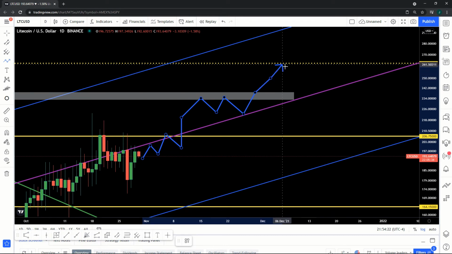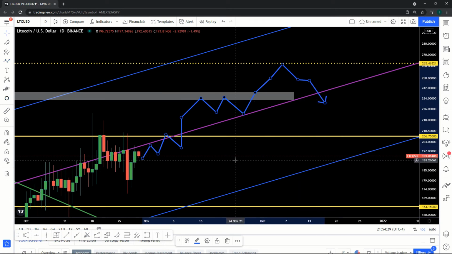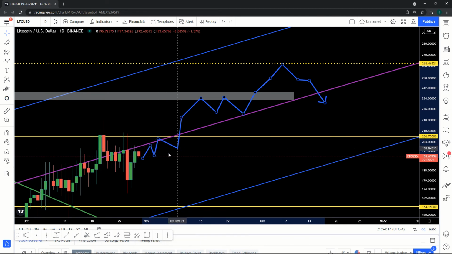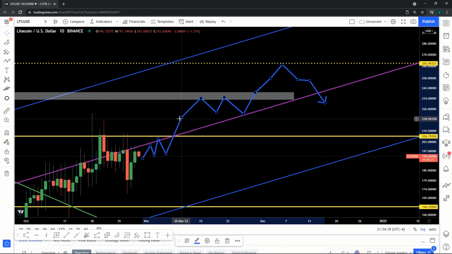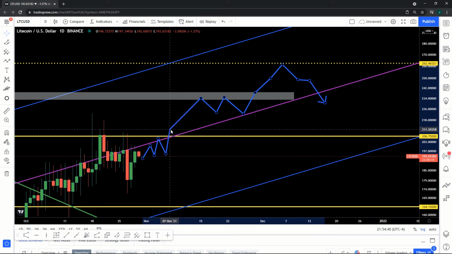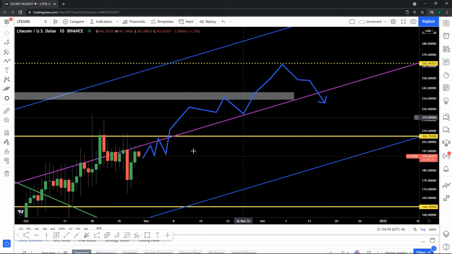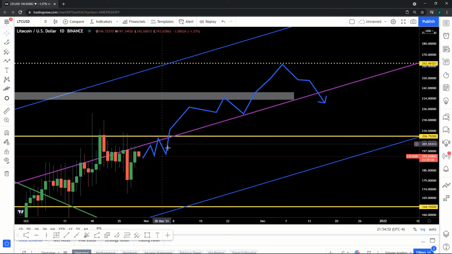This is just a rough estimate, just a ballpark. So I'm anticipating price to head up. Again, this is just a visual representation as to where I think price is going to go.